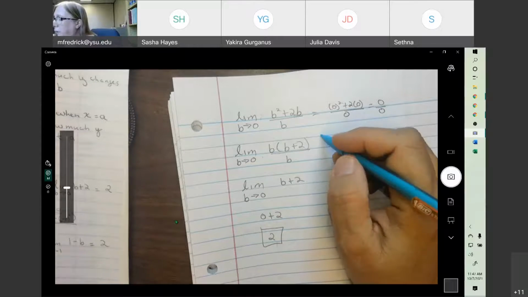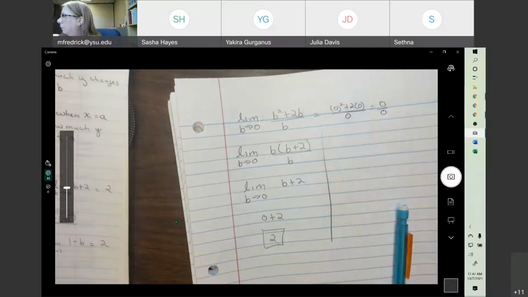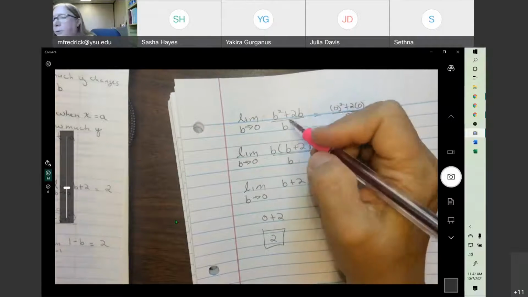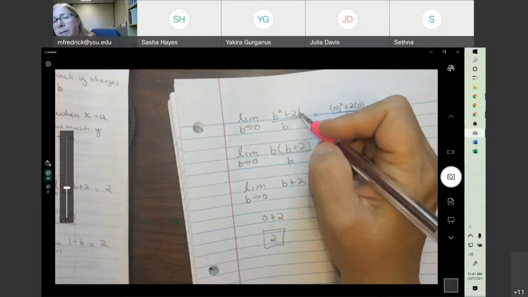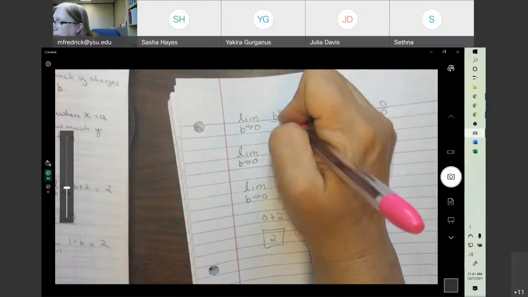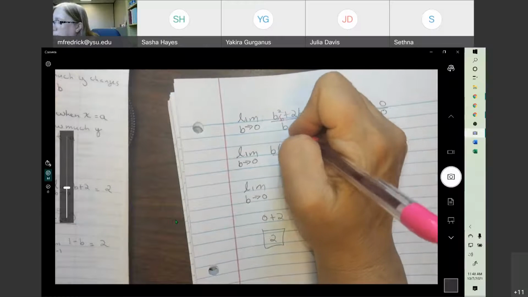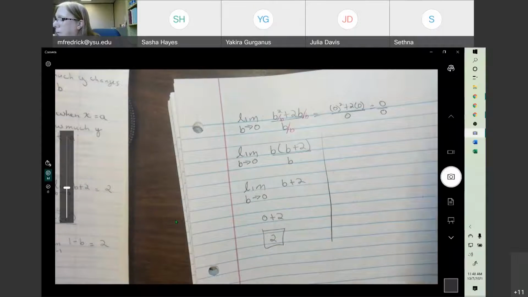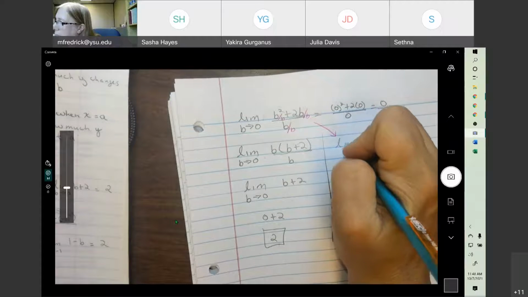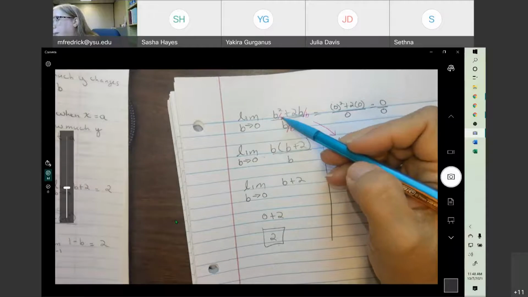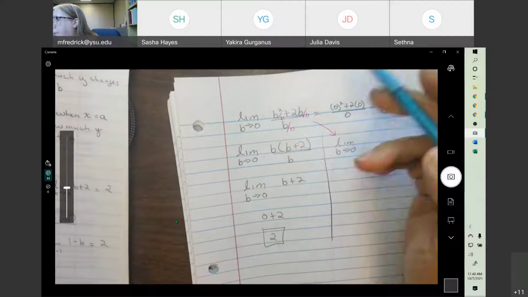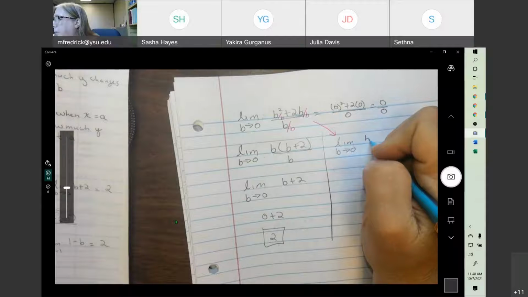Another way of reducing those: there's 3 terms, and all 3 have a b in them. So I can divide each one by b. b squared divided by b leaves b to the first, because you subtract your exponents.